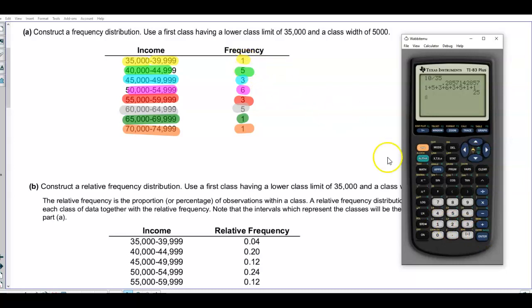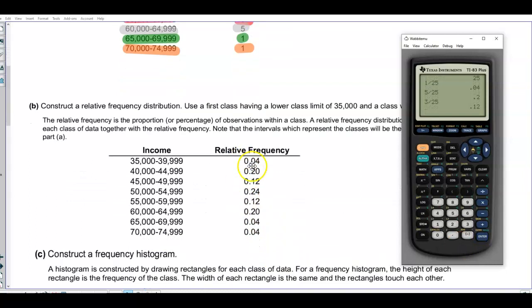So 1 divided by 25 gives us the first relative frequency, which is 0.04. Then 5 divided by 25 gives us 0.20, and 3 divided by 25 gives us 0.12, and so on. So that gives us our relative frequency.